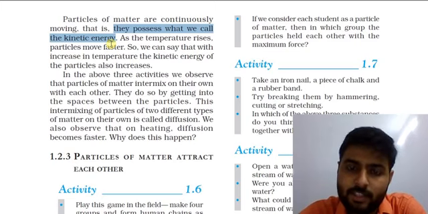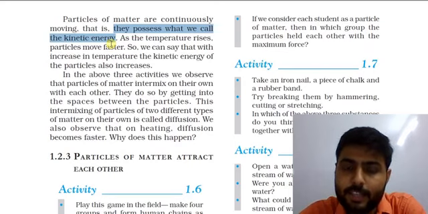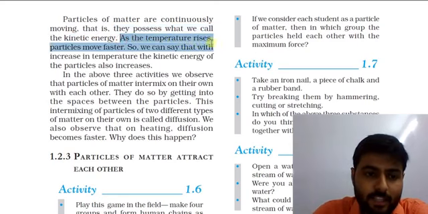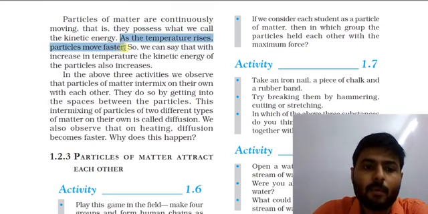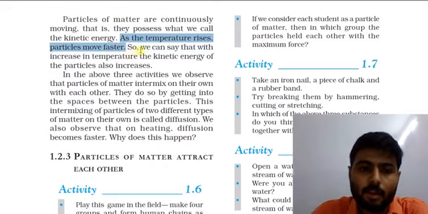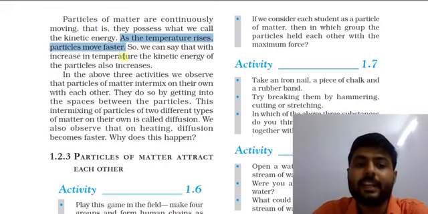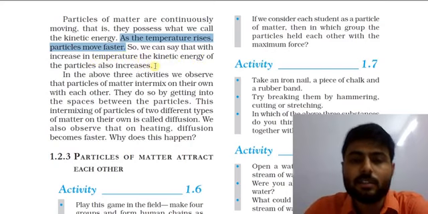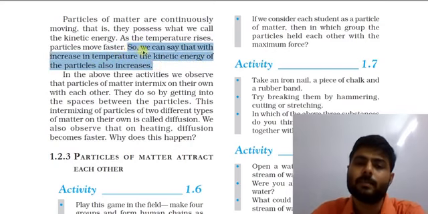We can see in the last activity that potassium permanganate dissolves into hot water faster compared to cold water. So we have the point: as the temperature rises, the particles move faster. So we can say that with an increase in temperature, the kinetic energy of particles also increases.